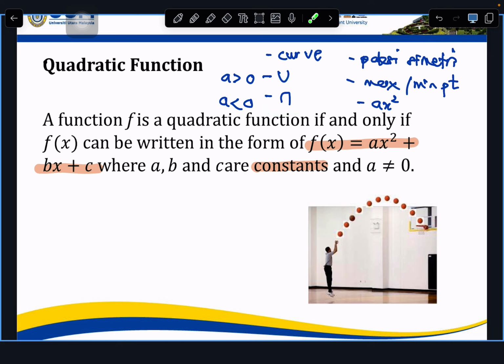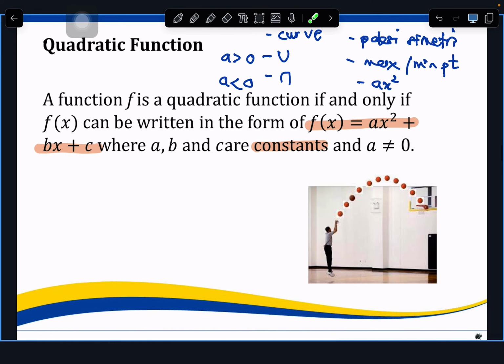Maximum. So basically, maximum or minimum point, we can decide by simply looking at the value of a too. Just by looking at the value of a, you know the shape of the graph, and you know it has a minimum point. The next task is how to find the minimum or maximum point. That's it.